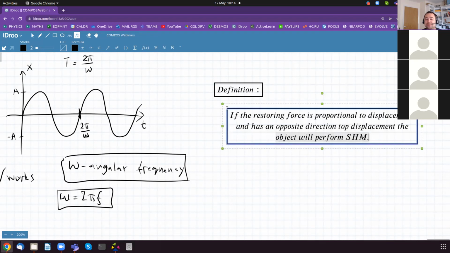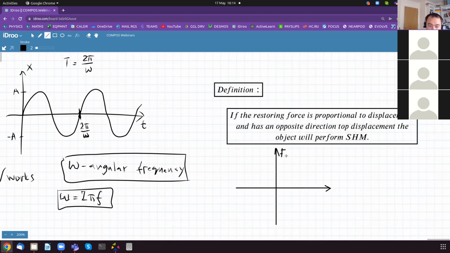The restoring force is proportional to the displacement. So in other words, if you draw a graph of the restoring force, or the force that is trying to return the mass back to its original position, this is F, this is displacement, x. The graph looks like this. This is the maximum displacement.